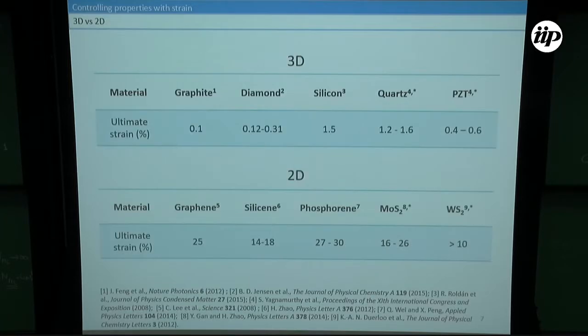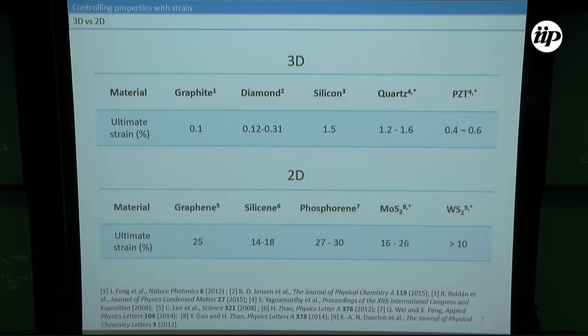But if we go to the 2D world, you can get much more flexibility of properties with strain. If you think about semiconducting materials, for example, and I put here two piezoelectrics, you see that usually they fracture with a small amount of strain, 1%, 2%.